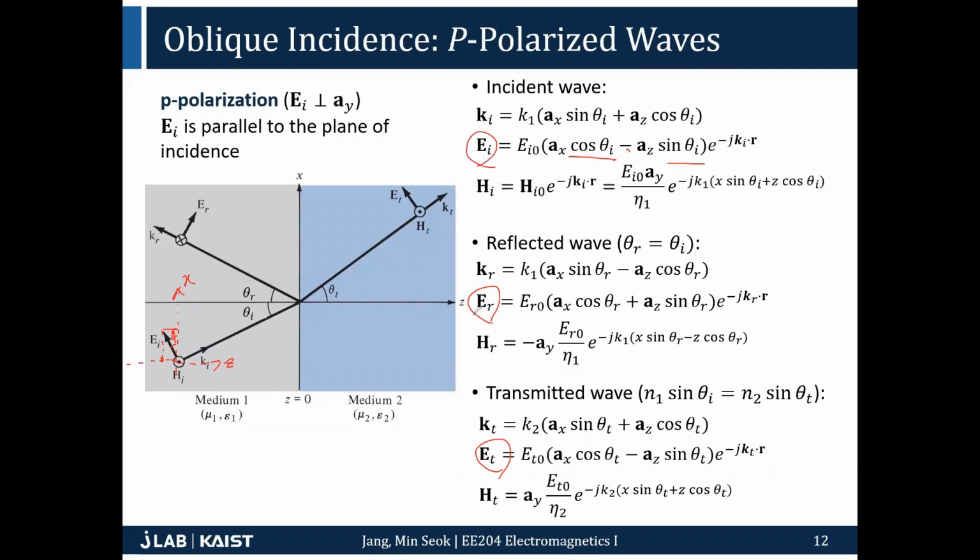Now you have an electric field composed of x and z components. Then you can do k cross E divided by eta, then you get H, right? But in this case, H should be perpendicular to the plane of incidence, so it only has a y component. I hope everything here is straightforward for you. If it's not, just let me know.